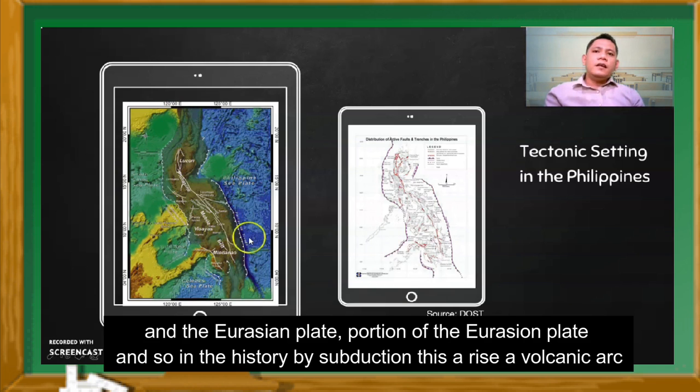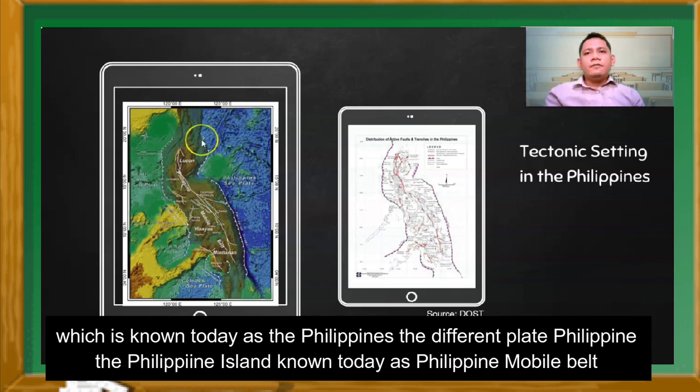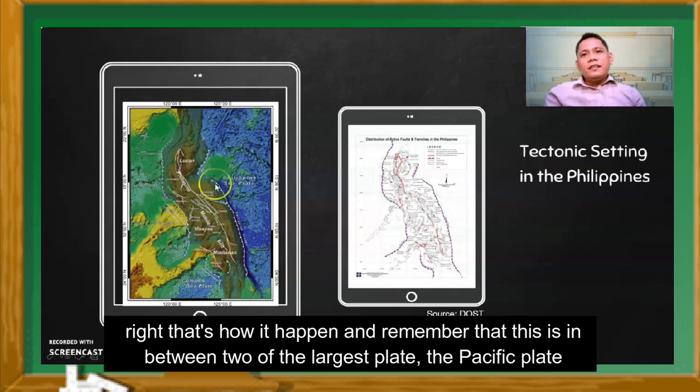And so in history, by subduction, there was a rise of this volcanic arc, which is known today as the Philippines, the archipelago of the Philippines. And the plate of the Philippine islands is known as the Philippine Mobile Belt. Okay. Alright, so that's how it happened.